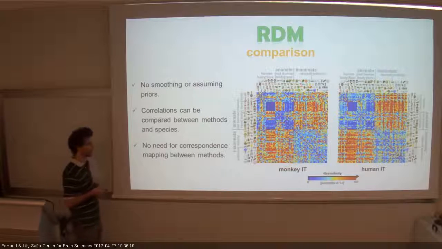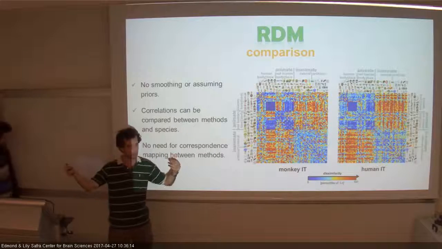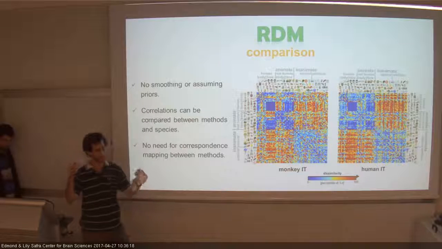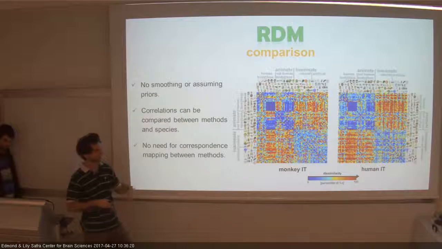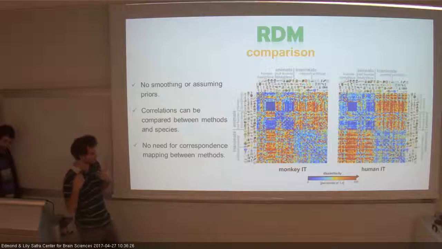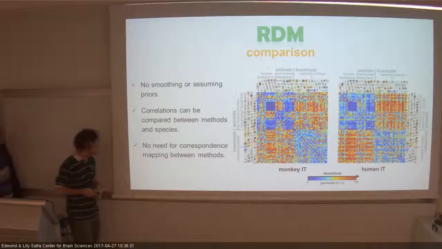And there is no need for a straight mapping between each neuron and each voxel. So it's independent of the representation in the brain itself. It's more of an abstract level, somewhere in between the cognitive level of abstract representations and the real activity pattern.